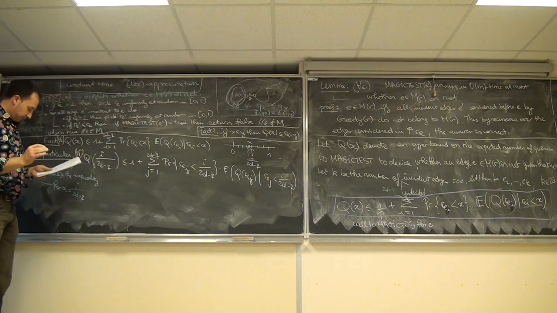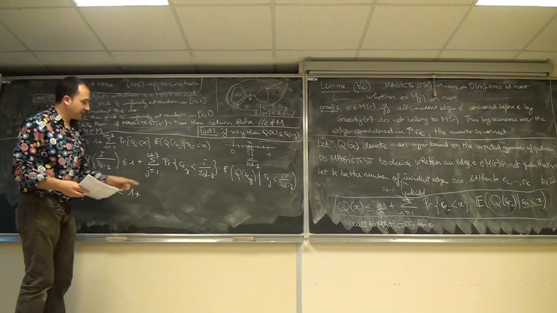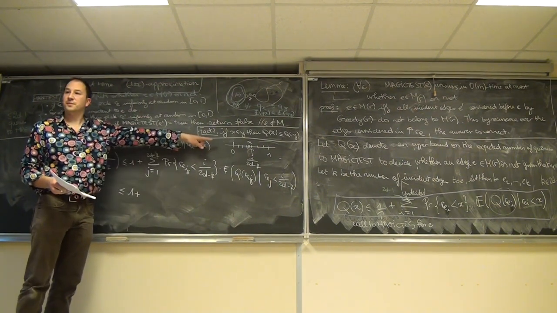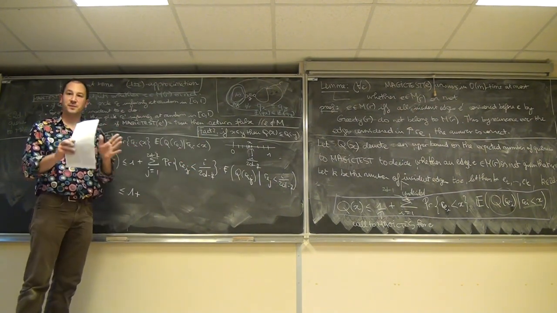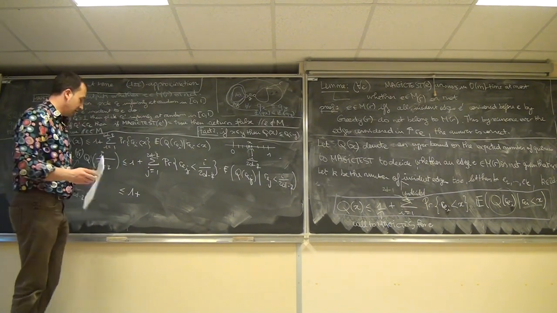Okay. So now I will rewrite it as follows. I will just split this sum in bins of size 1 over 2d minus 1.